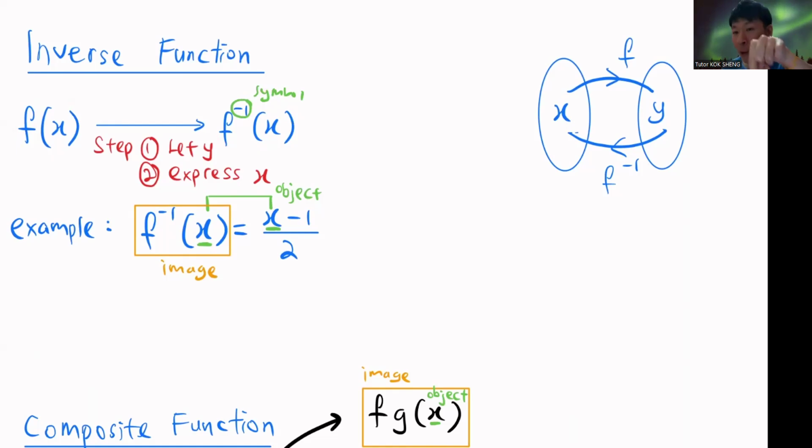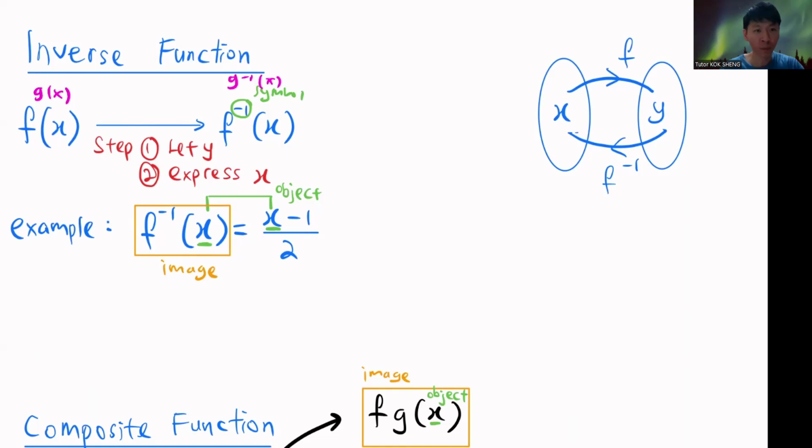Just add the power -1 on top. Of course, if it's a different letter, let's say g(x), you have to write g^-1(x). Just the letter is different, but the symbol is still the same, power -1. So the step here to convert it is to let y and express x.